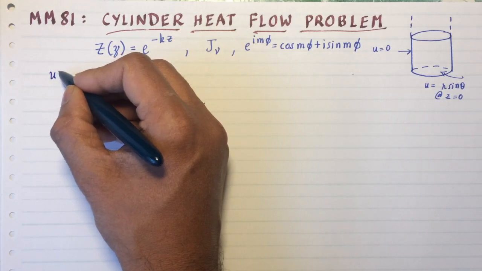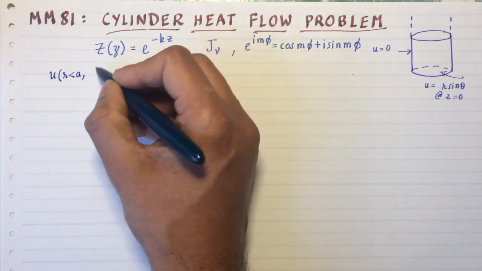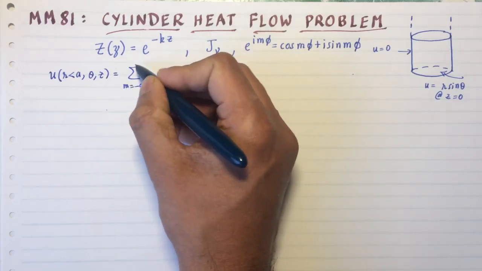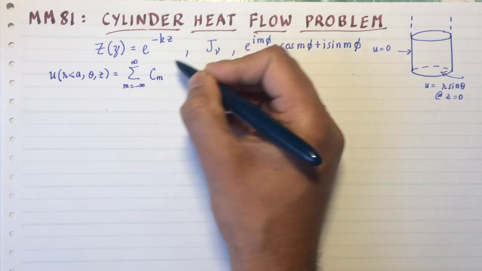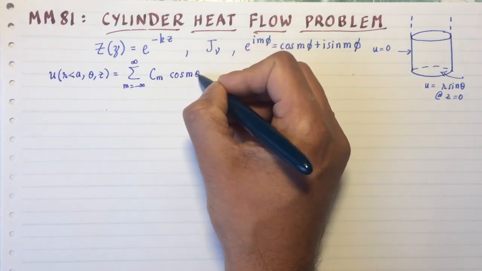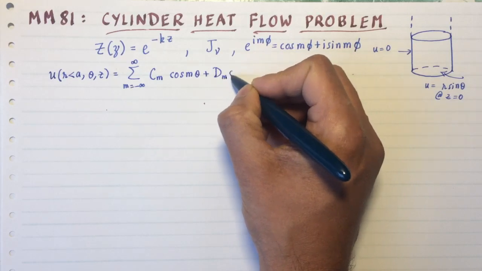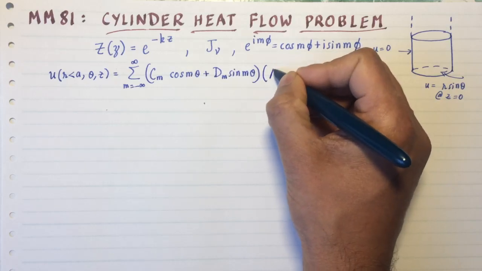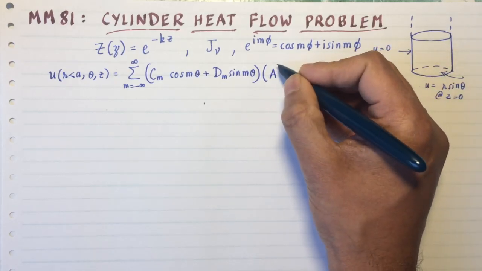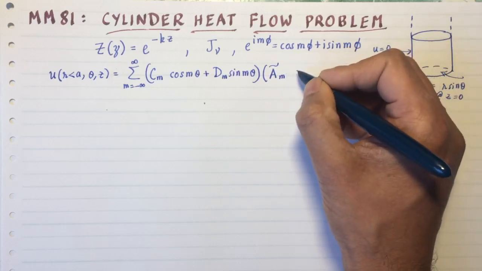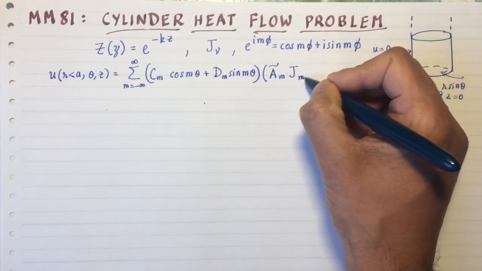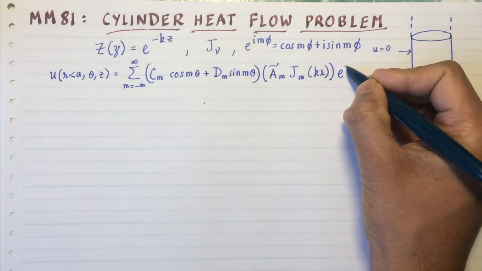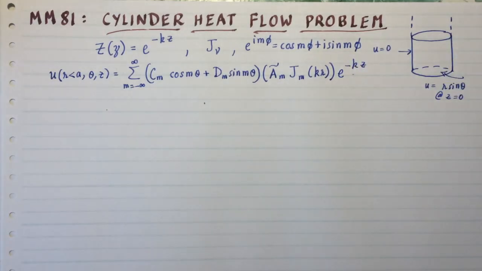The total solution u for r less than a, theta and z is going to be a linear combination from m equals minus infinity to plus infinity, some coefficient c_m cosine m theta plus d_m sine m theta, and some other constant which I'll call a tilde for now because I want to use a for later, J_m(kr). The argument is always kr, and then I have e to the minus kz. So that's how the most general solution is going to look.